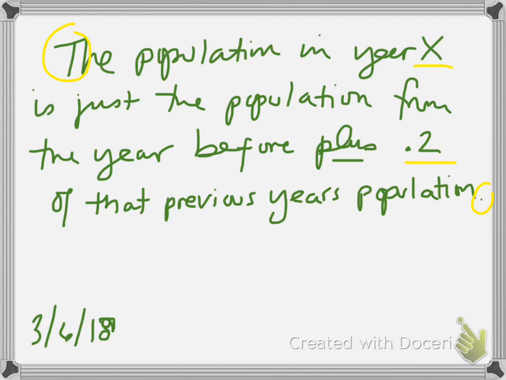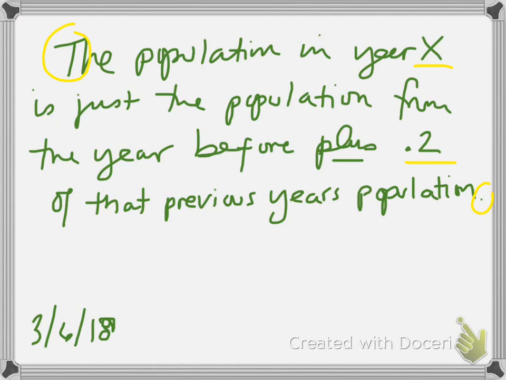So how would we turn this sentence, and how many of you had a sentence that was similar to this? A couple of you. I think a couple of you did, in the sort of spying on you that I did. Okay, that's good. Because you can turn this sentence into an equation by substituting all that verbiage into symbols and numbers.